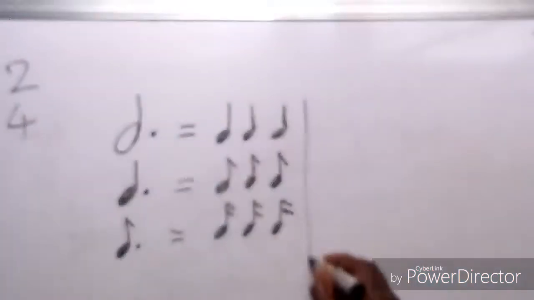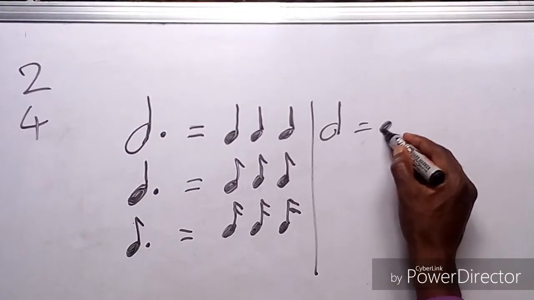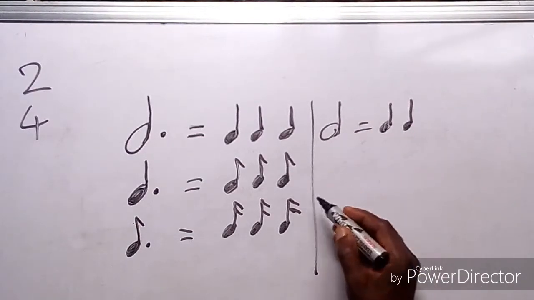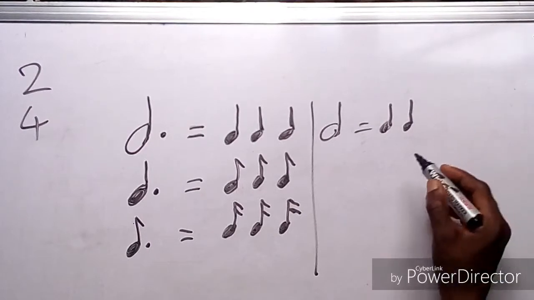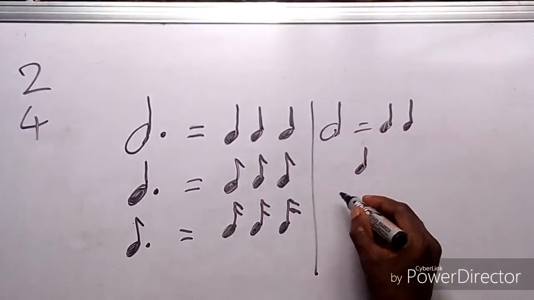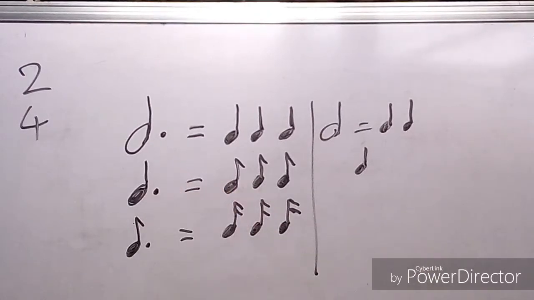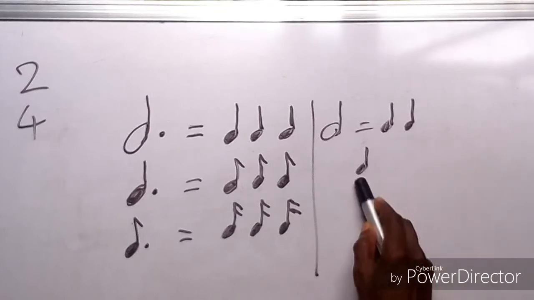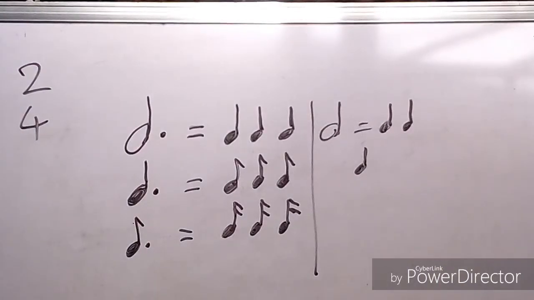Let's look at this. A minim is equal to what? 2 crotchets. And half of a minim is equal to a crotchet. So a dotted minim becomes 2 crotchets plus 1 crotchet. That gives us 3 crotchets.